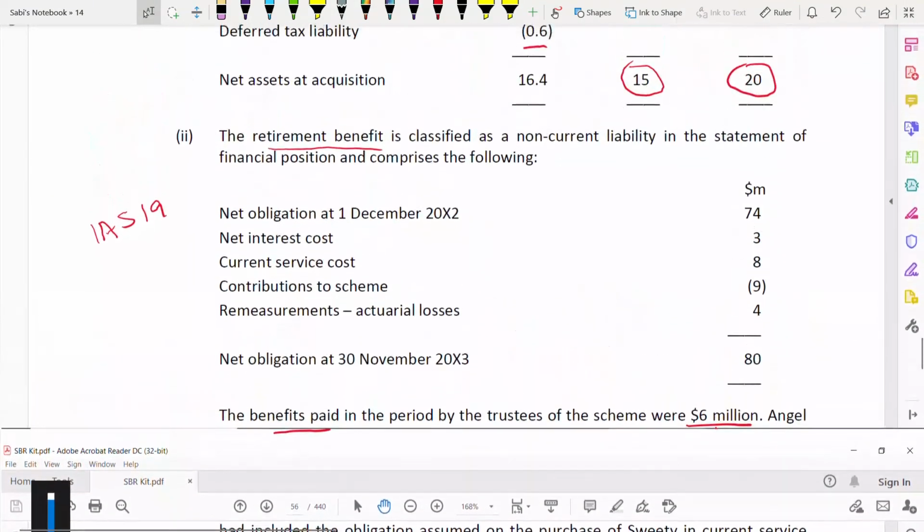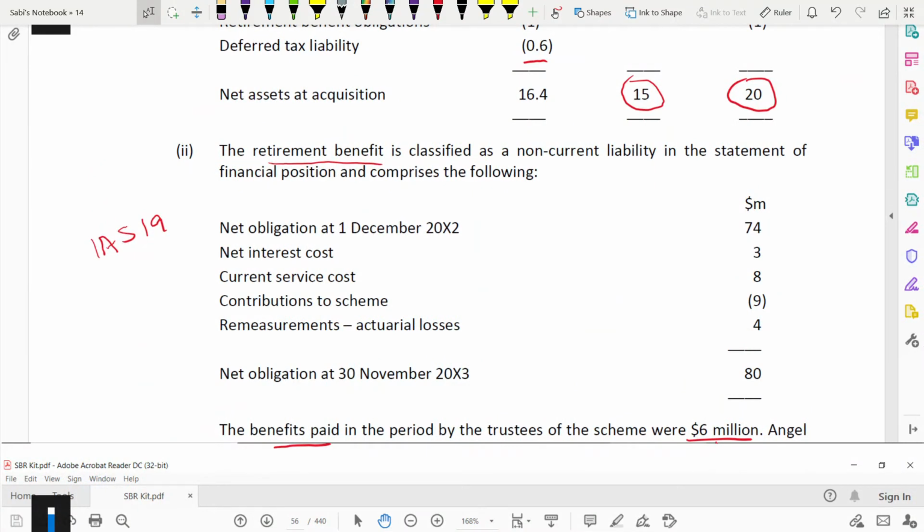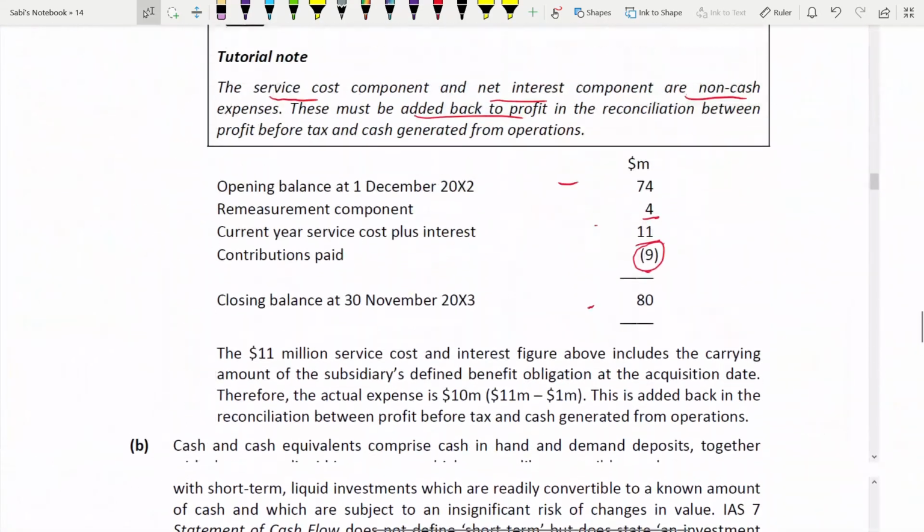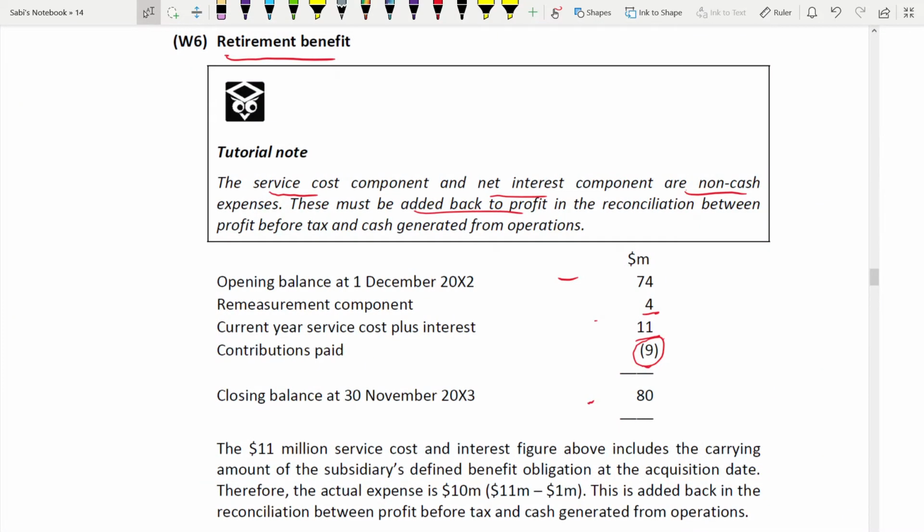Here, note number 2. So current service cost, contribution to scheme, already they have given 9. And you are adding the net interest cost with the current service cost. So 3 plus 8, 11. So 11, contribution paid is already given.